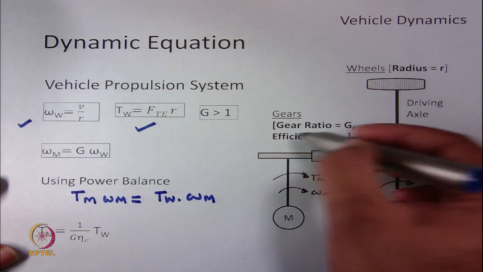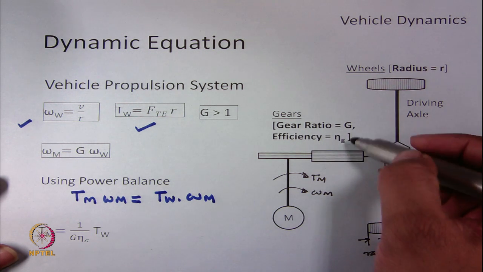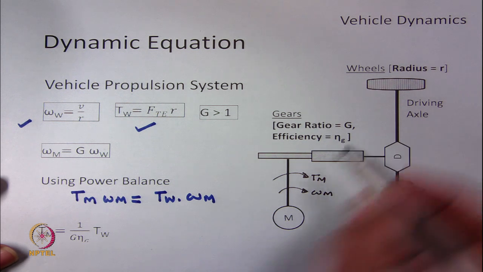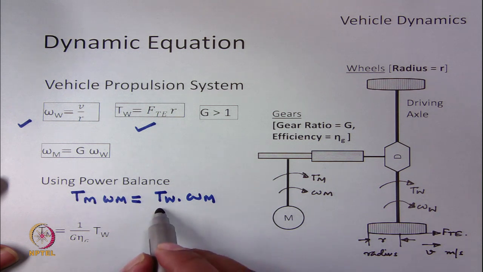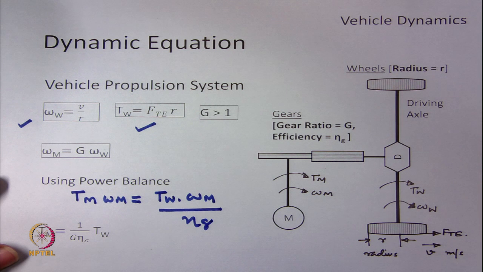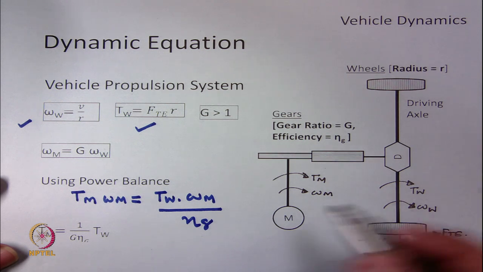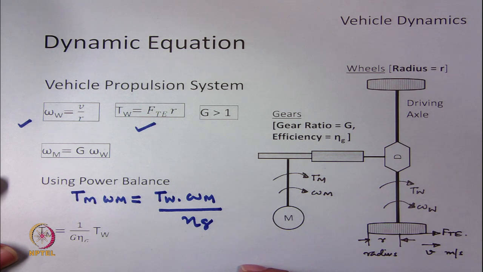But since we are losing some energy in the gears because of the efficiency, we can accommodate the losses in the gears by using eta G as a dividing factor to the power delivered on the driving axle. Generally, these losses have to be supported by the electrical machine.